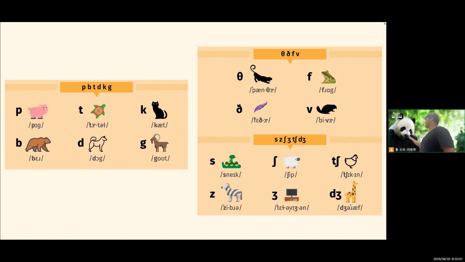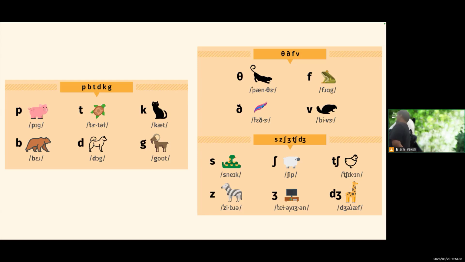Okay, so that's V. S, sh. 试一下, this one is hard, 是不是更难? Yeah, this is a ch and j.